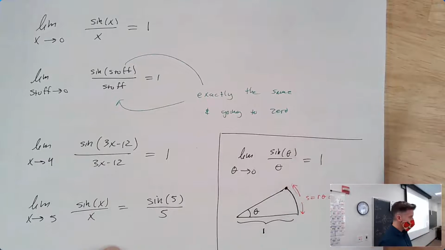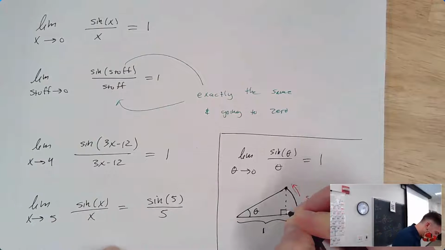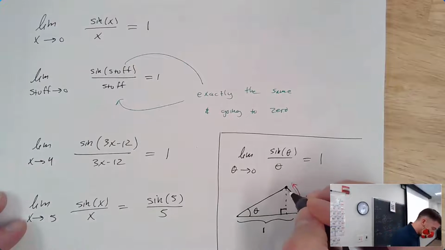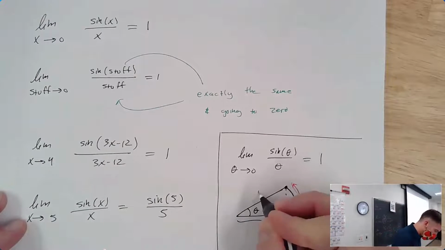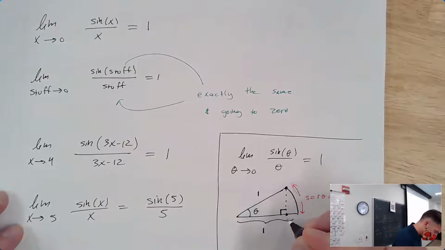That length is theta, and if you drop a perpendicular, how do you find sine in the right triangle? It's which over which? Right, so it's this length here divided by 1. So the sine of theta is the length AB.